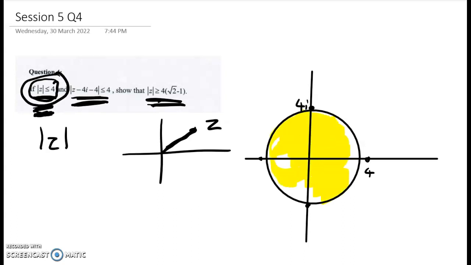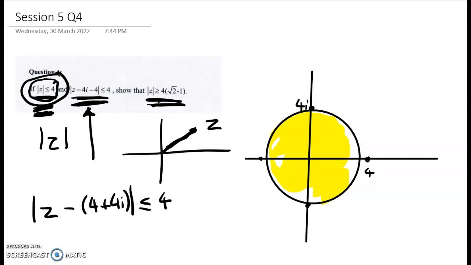So we're going to have two conditions. That's my first one. Now this one here is also going to be a circle with a radius of 4, but we can rewrite this as z minus 4 plus 4i, and hopefully if you're in level 3 calc classes, that should be getting pretty familiar. This is going to be the locus of a circle with a center here and a radius also of 4.